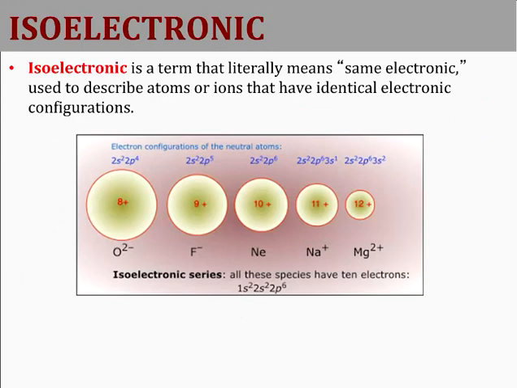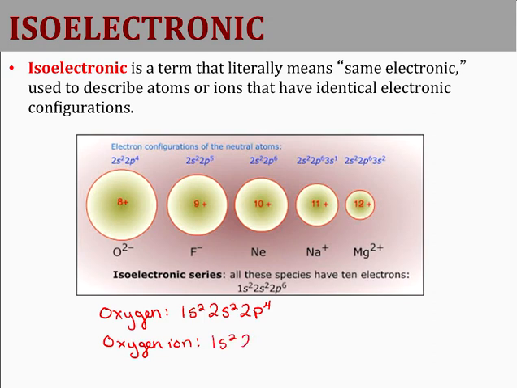So for instance, oxygen initially has the electron configuration 1s2, 2s2, 2p4, because it normally has 8 total electrons. But the oxygen ion has the electron configuration 1s2, 2s2, 2p6 because it gained 2 electrons.